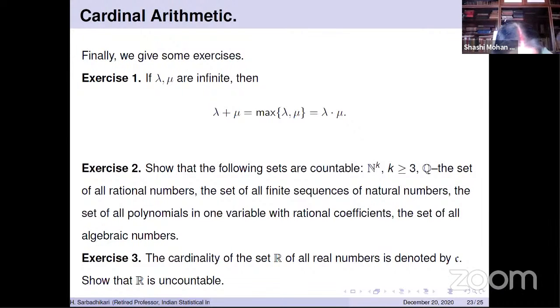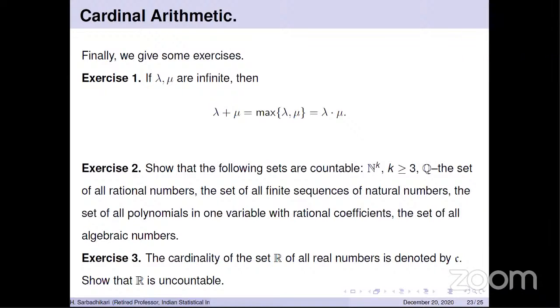Let the decimal expansion of x_i be 0.a_i1 a_i2 a_i3, etc. Now we can apply Cantor's diagonal process and construct a new real number: we look at a11 and choose a digit different from a11, and make that the first digit in the decimal expansion of this new number, and similarly for a22, a33.